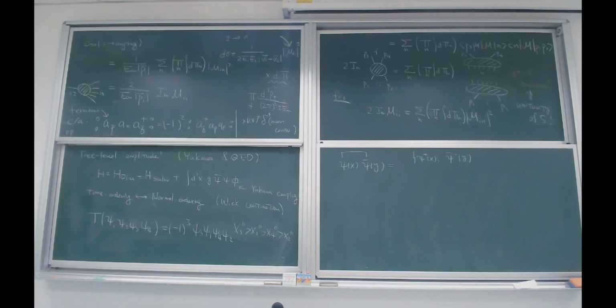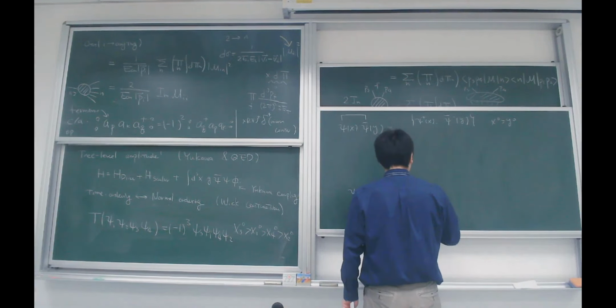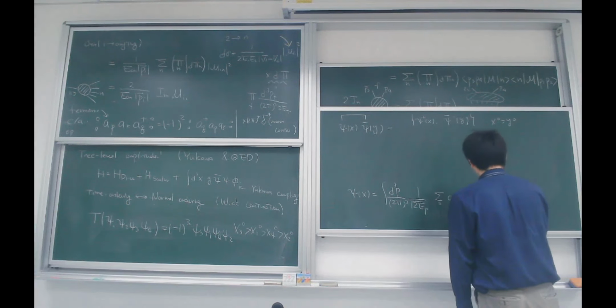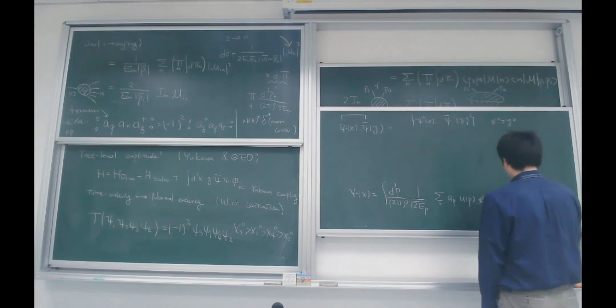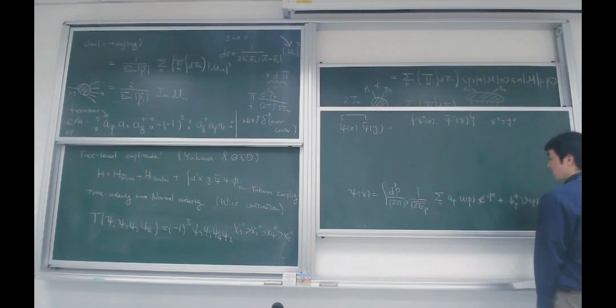Psi of x can be written as the integral d cubed p over (2 pi) cubed, divided by the square root of 2 E_p, and then a sum over s of a_p^s u_p^s e^(-ipx) plus b_p^s dagger v_p^s e^(ipx), something like this.